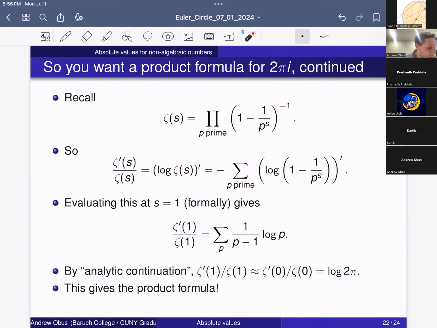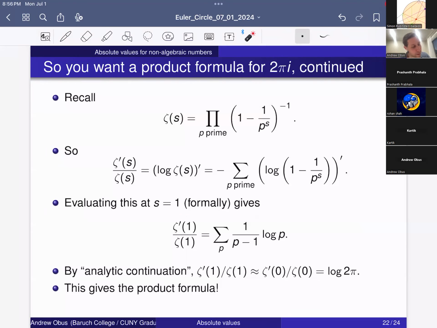And so it turns out that if you try to just do this and plug in s equals 1, which you can't really do because everything diverges, but why not just try to do it anyway? If you do this completely mechanically and plug in s equals 1, it's an exercise to find out that zeta prime of 1 over zeta of 1 is going to turn out to be equal to this sum of 1 over p minus 1 times log p.